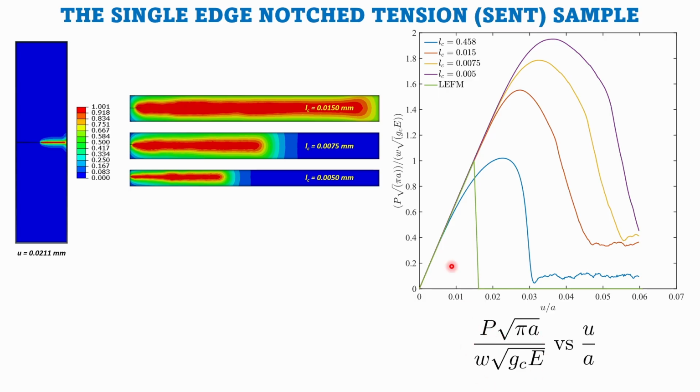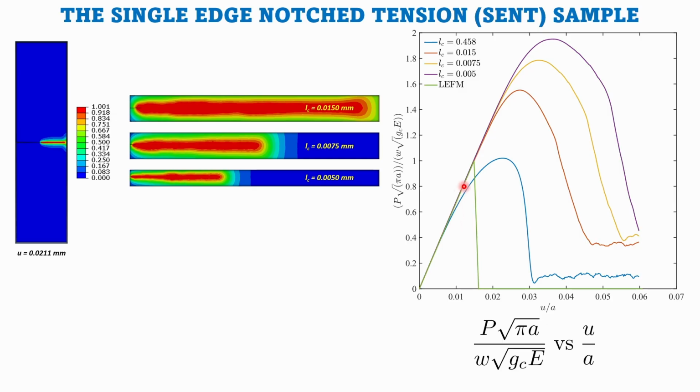This quantity is 1. So that's why we have cut it at 1. And when LC is 0.458, which was found from the parameter identification exercise that I talked about, the GC by LC or Chi business that I talked about, using this LC, if we do the actual phase field simulation of this problem, we get this curve.